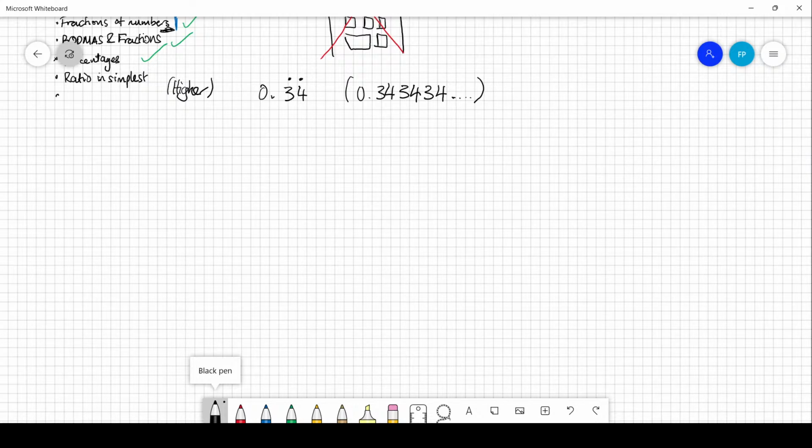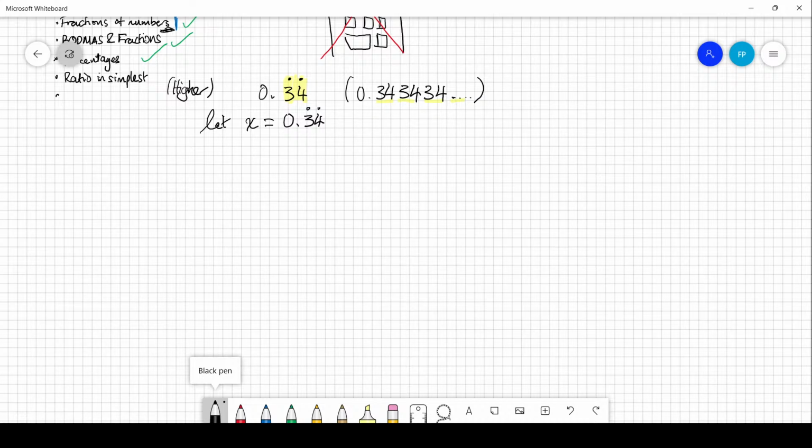This first step you might remember. So we will let x equal this recurring decimal, 0.34 recurring. So remember that this recurring bit, the 34, goes on to infinity, just like this.